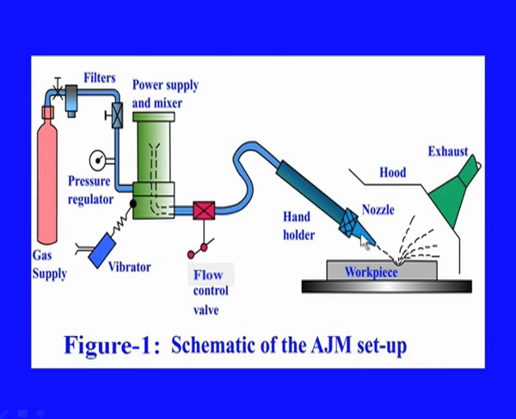As I told earlier, the angle at which this is striking the workpiece is very important. In this particular configuration, the angle is something around 45 to 50 degrees with the workpiece surface, but not necessarily. It can be 90 degrees as well, or it can be 60 degrees or something like that. However, if we make this angle smaller and smaller, the effectiveness of this cutting jet will come down.